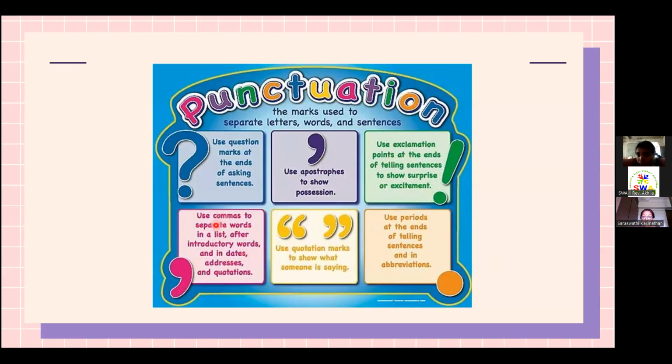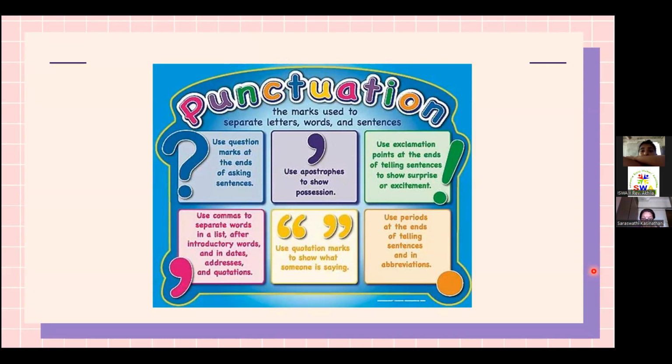All right. Commas are used to separate words. All right. So if I want to talk about three children, like I want to say Janiru, Sandalu, and Omath. So after Janiru, I put a comma and then I say and Omath. So that is to separate the names. So Sandalu, Janiru, and Omath are my friends.